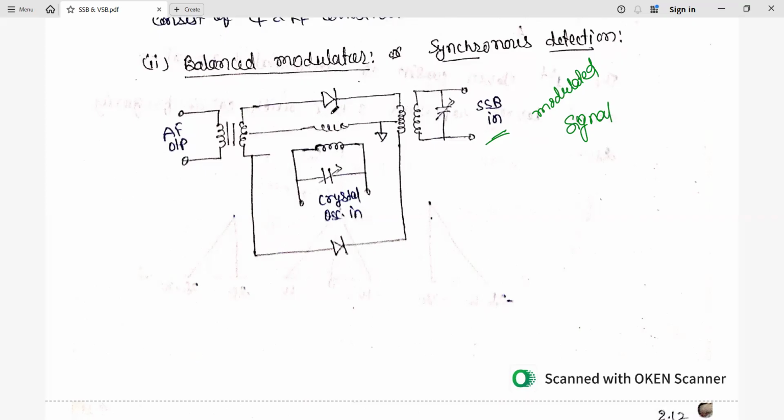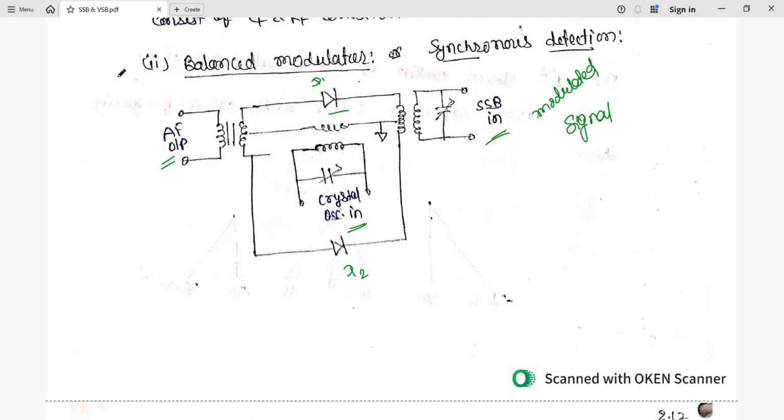Here we are using diodes, whereas previously we used a transistor. And here a crystal oscillator again gives the carrier signal. Two diodes are used here, diode D1 and diode D2. On the left side we have the output, which is the demodulated signal.